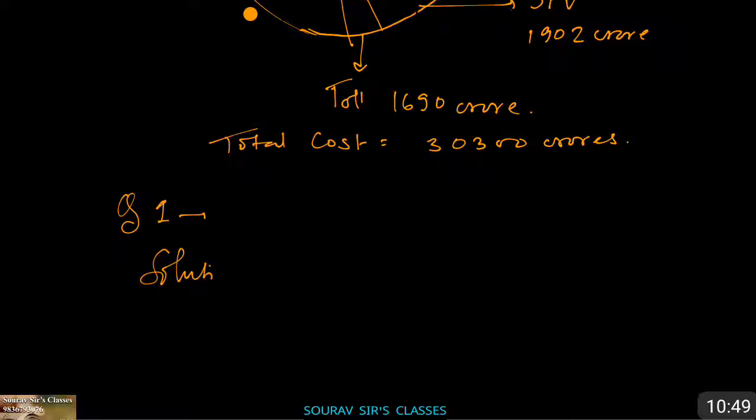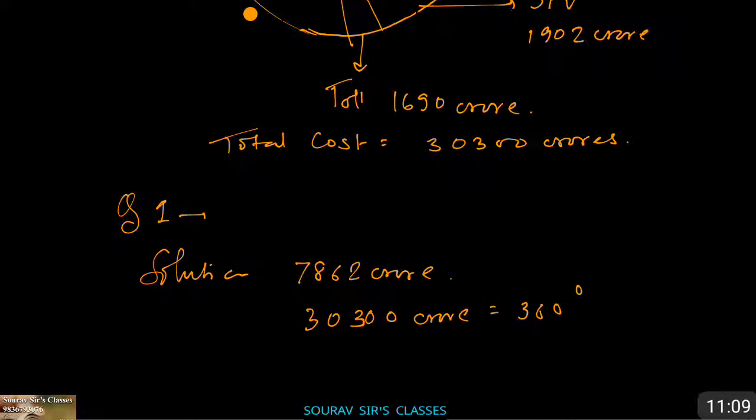Solution. We have to find the angle of external assistance, that is 7862 crore. Total cost is equal to total angle. So 30300 crore is equal to 360 degrees. So 1 crore is equal to 360 divided by 30300 degrees.